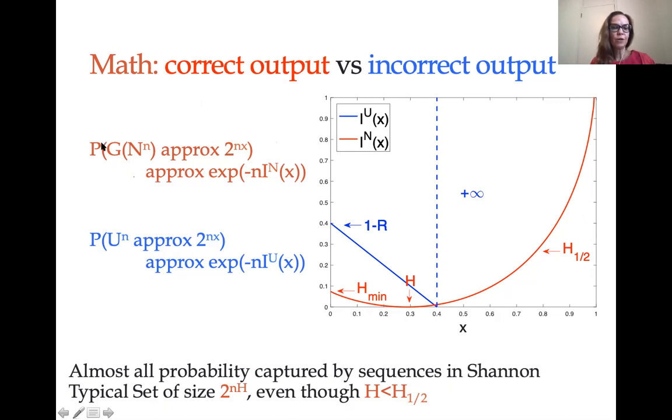We're looking at the probability that the guessing approximates some number to the nx is itself approximately this quantity. And here, the probability that the guessing of the first code word difference noise takes approximately 2 to the nx is approximately the exponent of this.